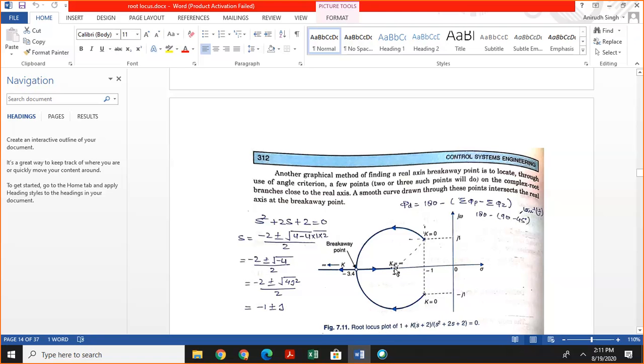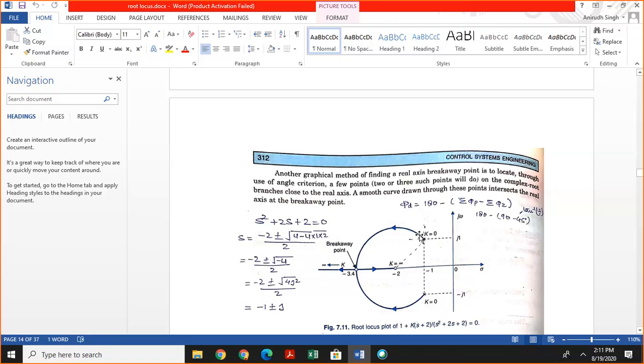So at s equal to minus 2 is the open loop zero, and the two poles are at minus 1 minus j and minus 1 plus j. Root locus always starts from poles with k equal to 0.